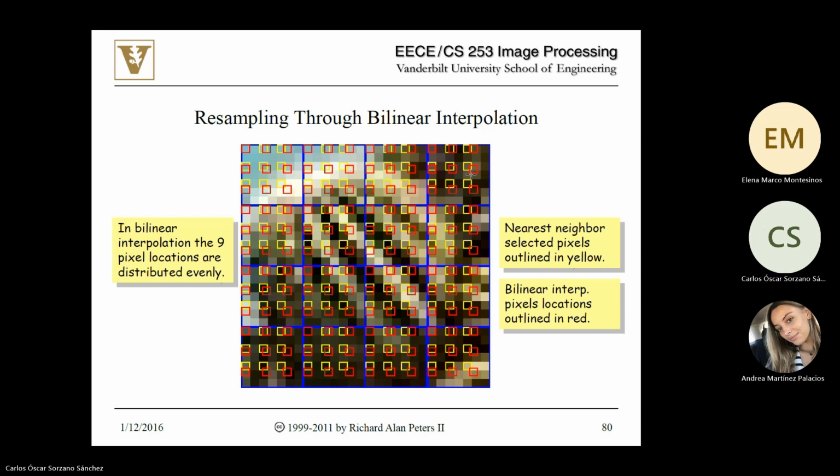But now you see that if you focus only on the red, it is uniform. You don't have this funny pattern of 1 pixel on, 1 pixel off, and then 2 off. The distance between any two samples is always the same. Only that you don't have the values in the red points.